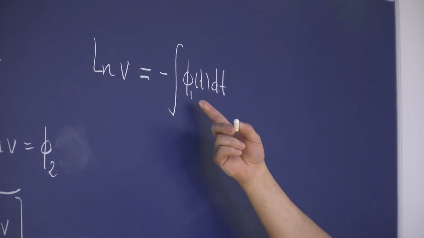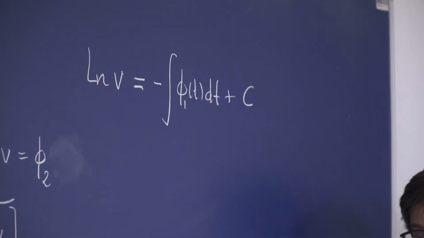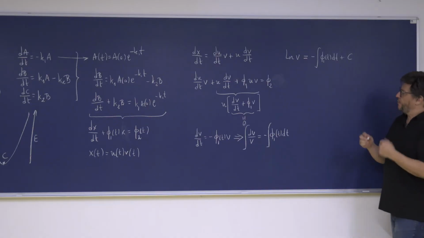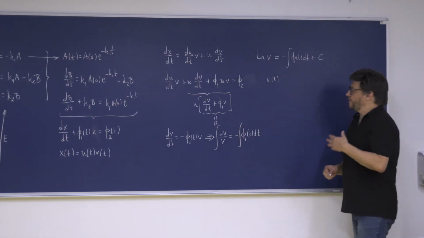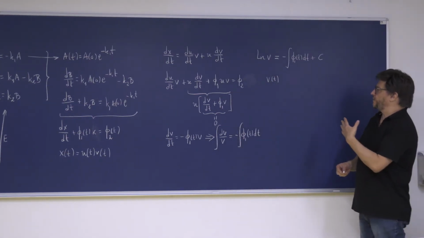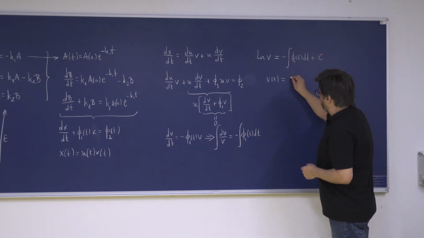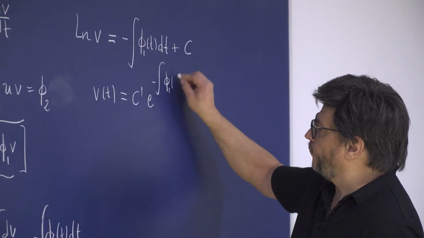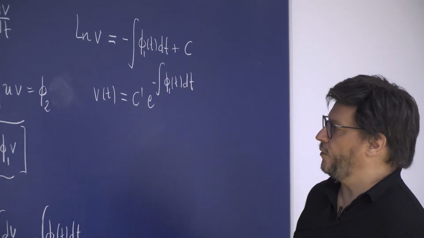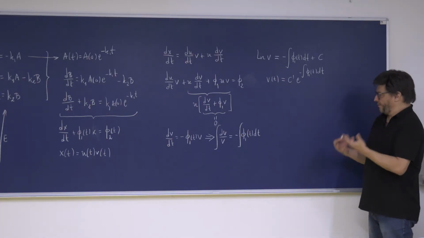It will depend on the exact form of phi1, plus a constant. All right. So, who is v of t? As you know, I just need to take exponentials on both sides, right? It will be an exponential that I can rewrite in terms of a new constant. So this is v.